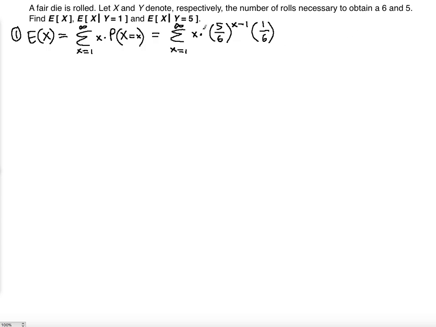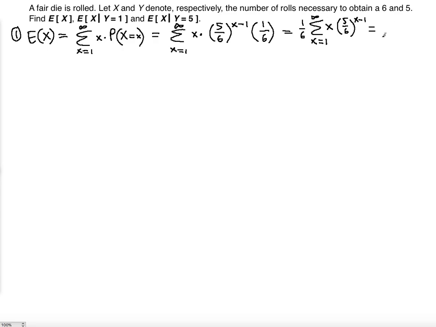So this is basically what the previous notation suggests for us to use, the geometric distribution. Now we can take the 1/6 out of the notation and keep the 5/6, sorry, x comes before that, so x times 5/6 raised to the x minus 1.